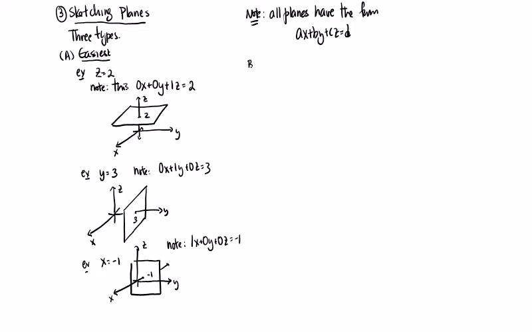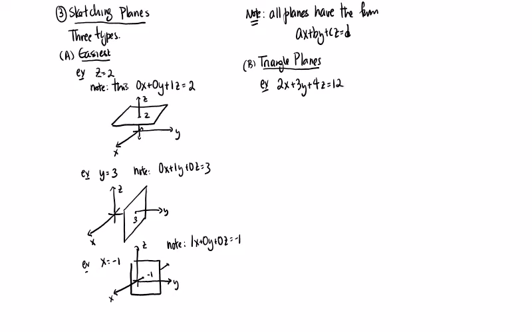All right, so B. I'm going to call these the triangle planes. This is a weird description, but it's going to help us remember what we're actually going to draw. So consider, I'll give you an example, something like 2x plus 3y plus 4z equals, say, 12.